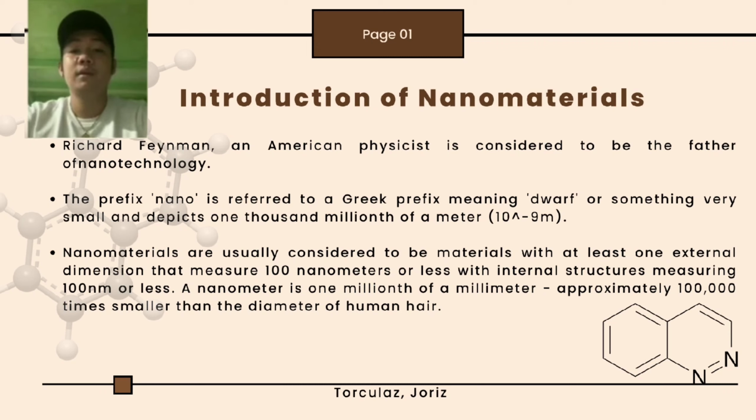According to their origin, sources of nanomaterials can be divided into 3 main categories. Number 1, incidental nanomaterials, which are created accidentally as a byproduct of industrial processes, like nanoparticles produced from vehicle exhausts, welding fumes, combustion processes, and even some natural processes like forest fires.